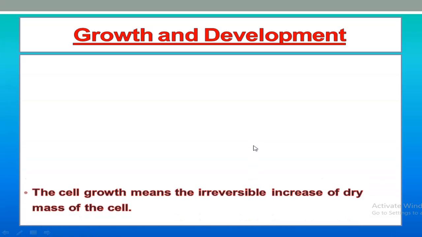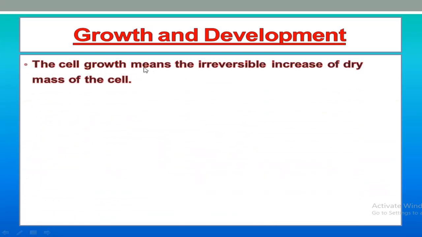Then we will go to our next characteristic, which is growth and development. Cell growth means the irreversible increase of dry mass of the cells.